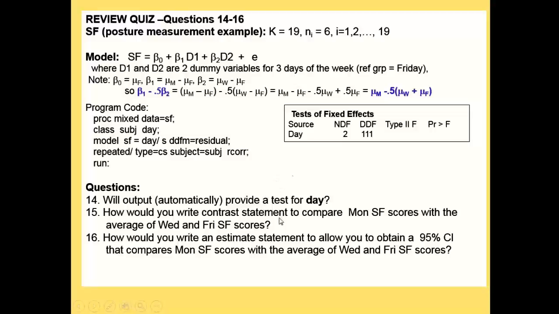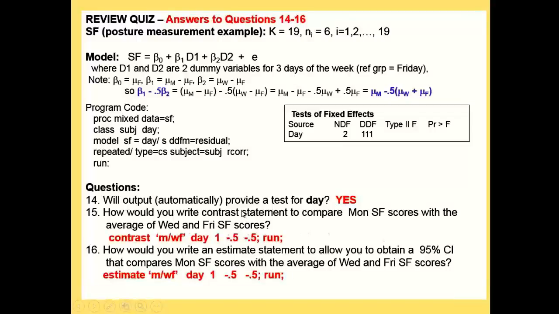How would you write a contrast statement to compare Monday shoulder flexion scores with the average of Wednesday and Friday scores? A little bit more complicated because it's a different model. In fact, the answer is 1 minus 0.5 minus 0.5. And the reason is you notice Monday minus 0.5, the average of Wednesday and Friday.